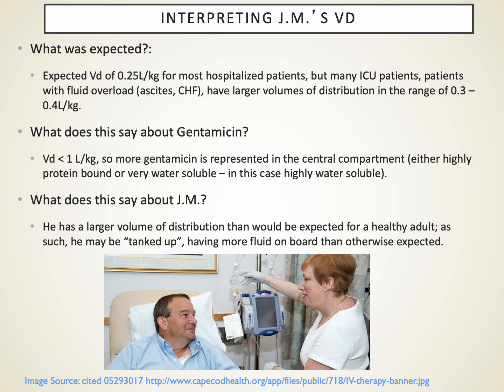And so recognize there's a lot of variation in drug dosing from patients, but when you open up your drug reference and they tell you to give X milligram per kilogram of this drug to achieve this level, recognize that there's going to be some variation from one patient to another based on their fluid status, their albumin store sites, other factors that relate to where the drug gets distributed to.